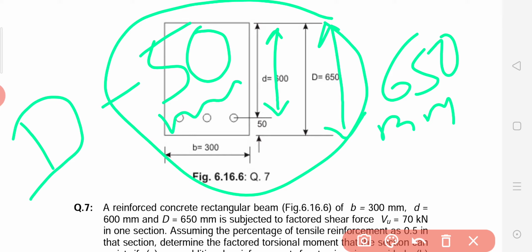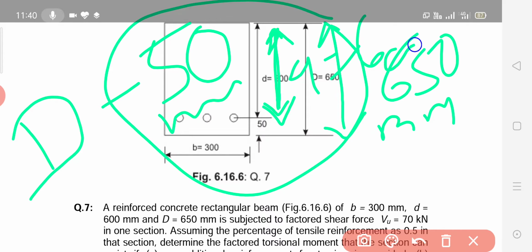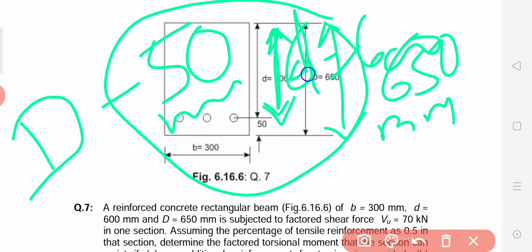So 650 mm deduct 50, this is the effective depth, small d, equal to 600 mm. Here this is the width, which is 300 mm.